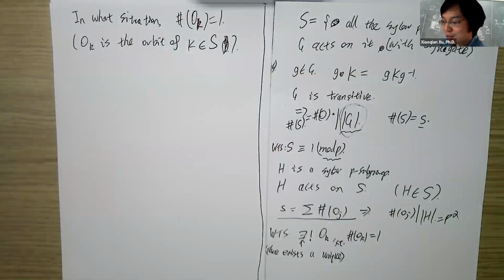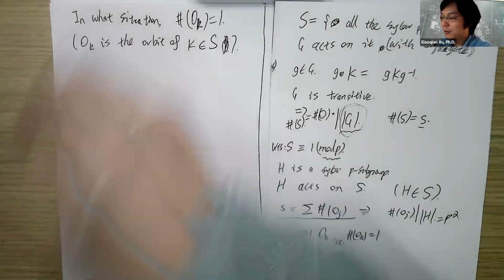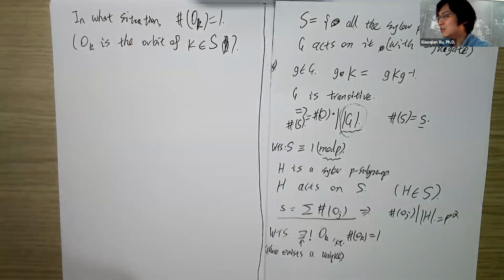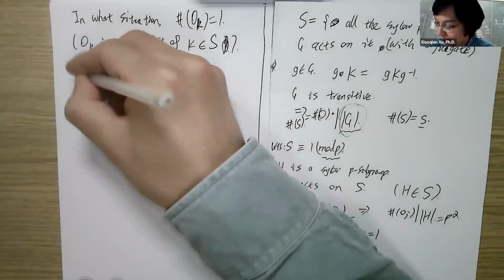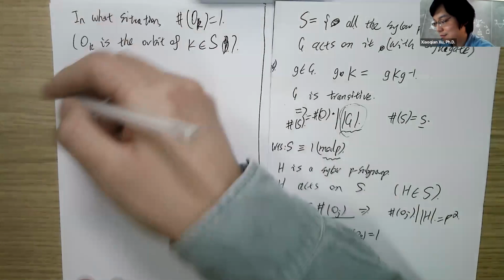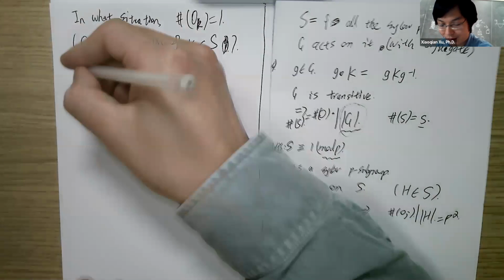Well, if you want the orbit to equal 1, what does that mean? Remember, this is the so-called centralizer, or another version of the stabilizer, of your element K.